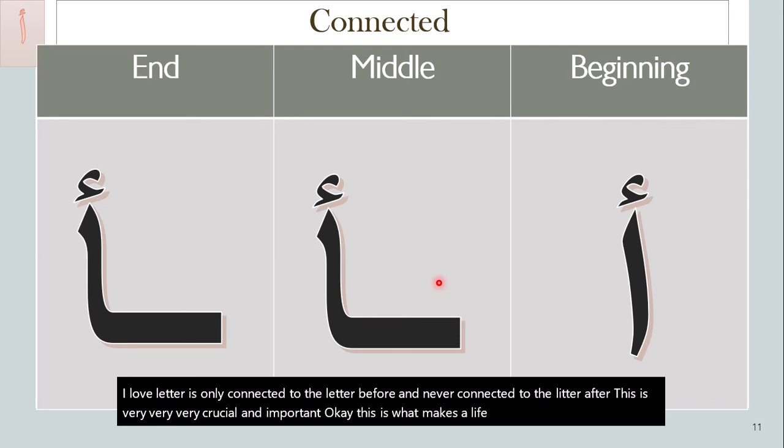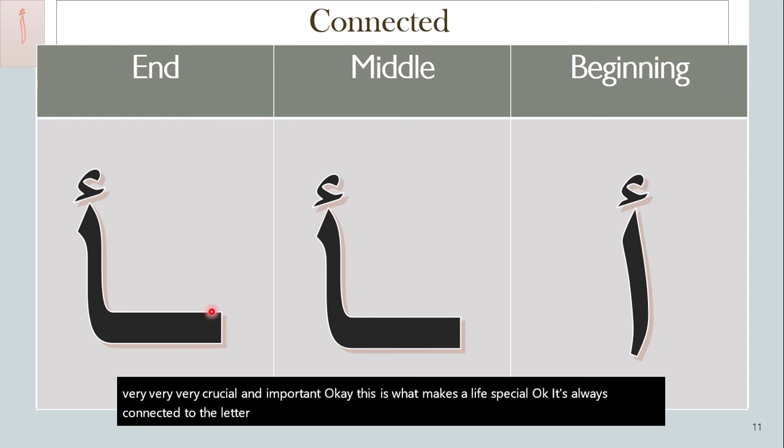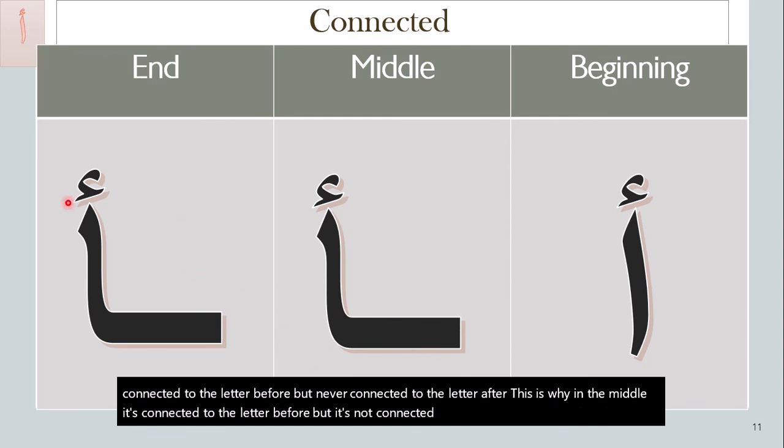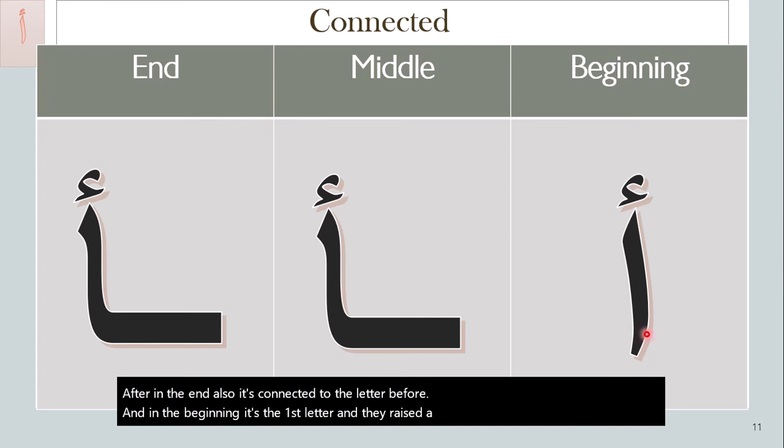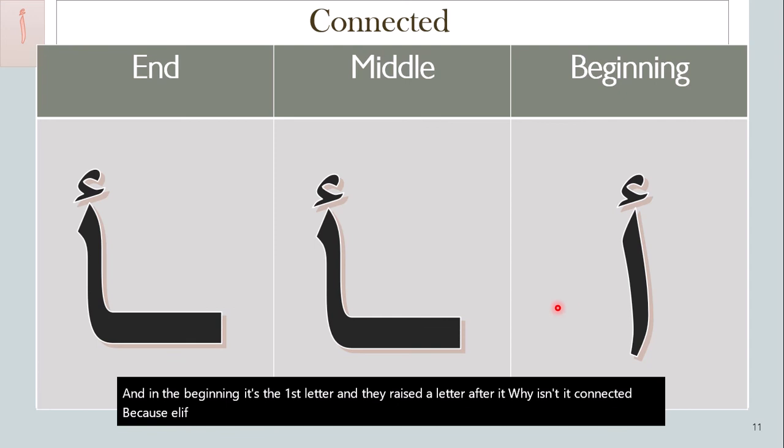It's always connected to the letter before, but never to the letter after. This is why in the middle it's connected to the letter before but not to something after. In the end also it's connected to the letter before. And in the beginning, it's the first letter and there is a letter after it. Why isn't it connected? Because Alif never connects to the letter after, only to the letter before.